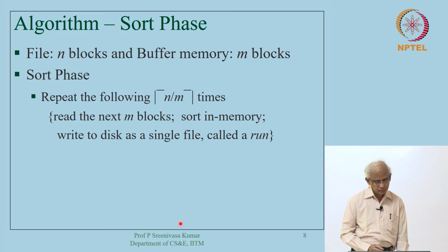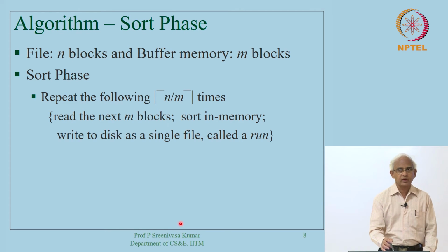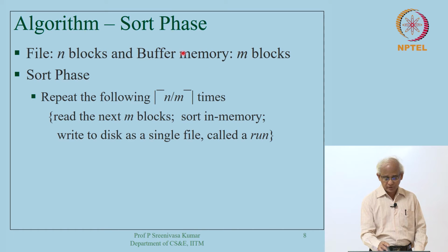Okay. The sort phase: the essential assumption we are making here is that the data file has some huge number of blocks, let us call it n blocks, and we cannot fit the entire file into memory.